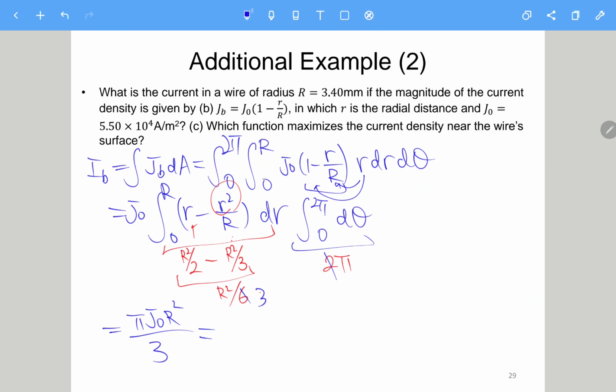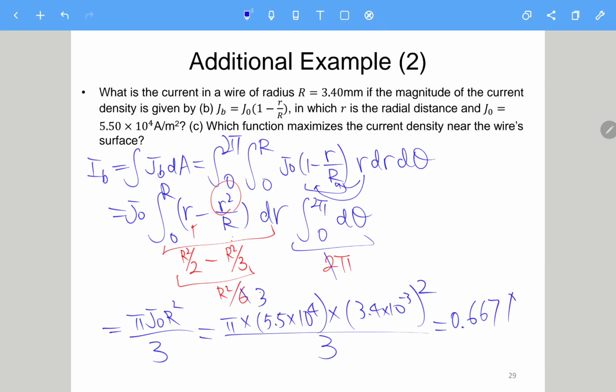So pi is pi, times J0 is 5.5 times 10 to the 4th power, and then times 3.4 times 10 to negative 3rd power quantity squared over 3. So this value is 0.6678 for the part B.